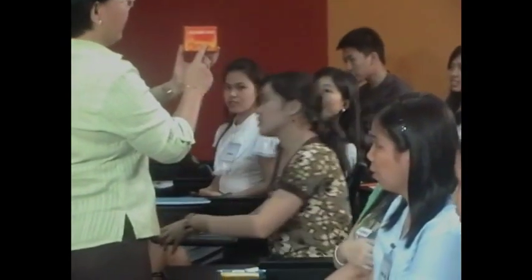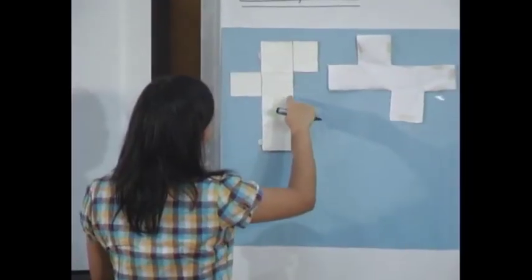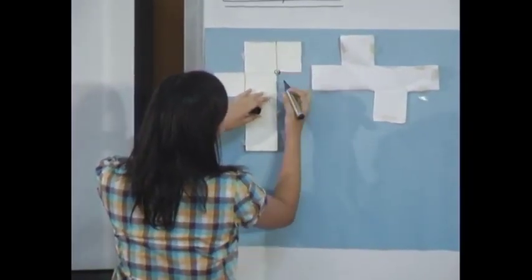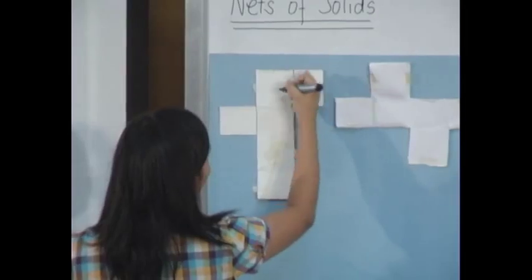How many vertices do we have? 8. Okay, who'd like to come in front and then point to us the 8 vertices of the box? Would you like to do that? Mika? Can you point to us the 8 vertices? You can mark it using this pen. Okay, that's 1.